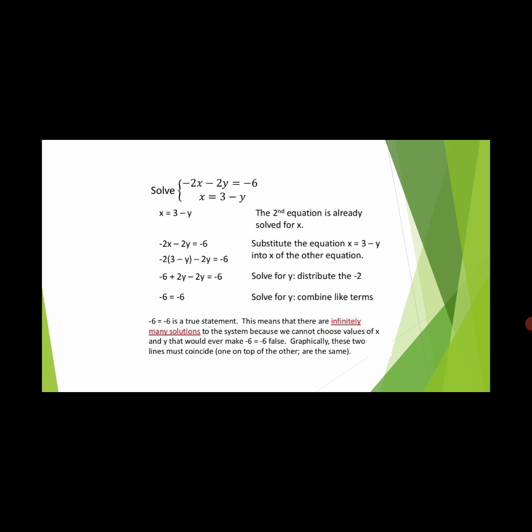Minus 6 equal to minus 6 is a true statement. This means that there are infinitely many solutions to the system, because we cannot choose any value of x and y that would ever make minus 6 equal to minus 6 false. Graphically, these two lines must coincide, one on top of the other, the same line. So it has infinite solutions.